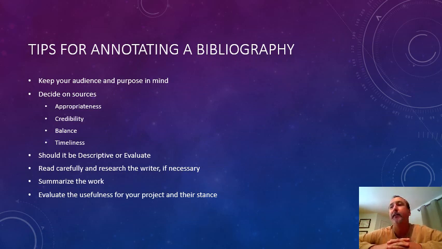If you're doing a research paper describing an old piece of literature, then maybe it's not as big a deal. But timeliness is very important. Make sure you're looking at the dates that are on those journals or whatever sources you're using.